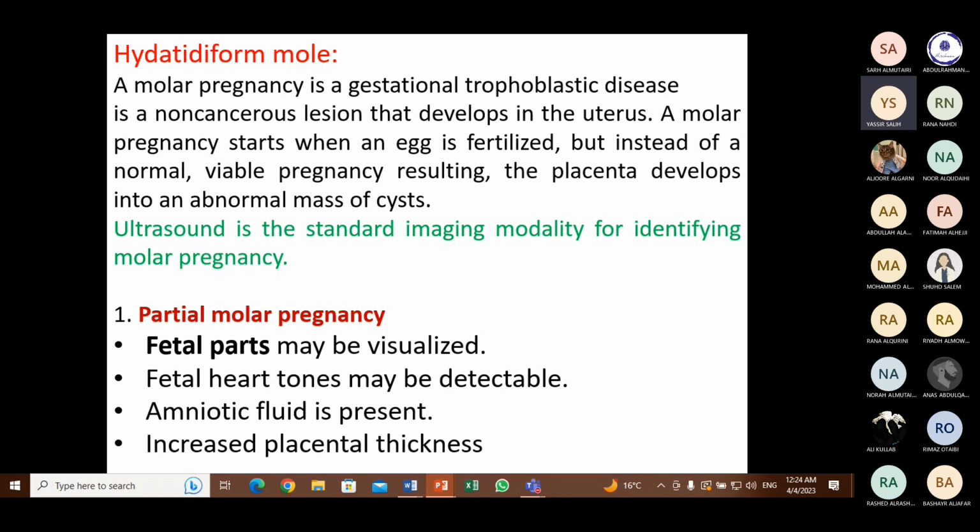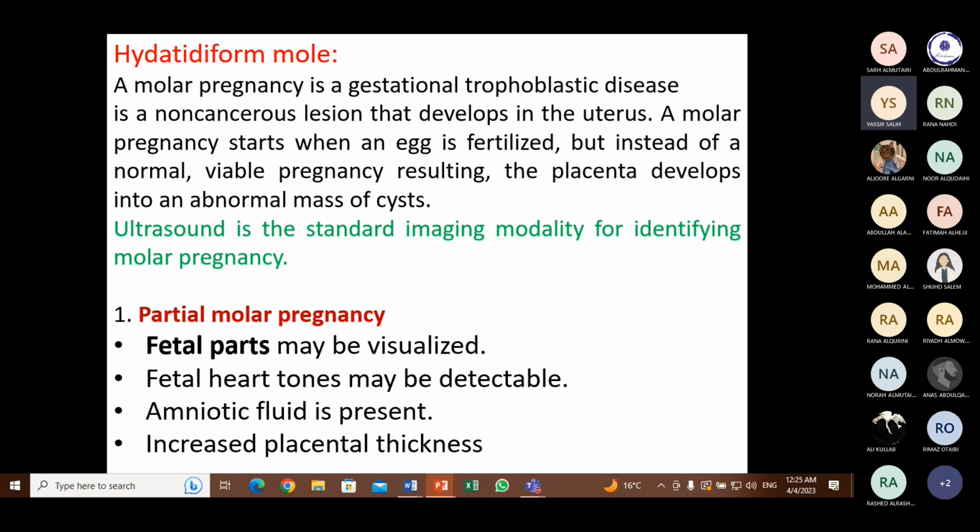This hydatidiform or molar pregnancy may be classified into two types: partial and complete molar pregnancy. In partial molar pregnancy you may see fetal parts, for example lower limbs and upper limbs.